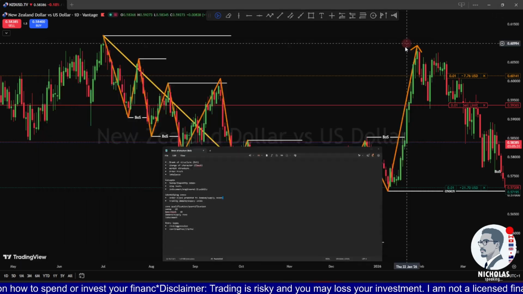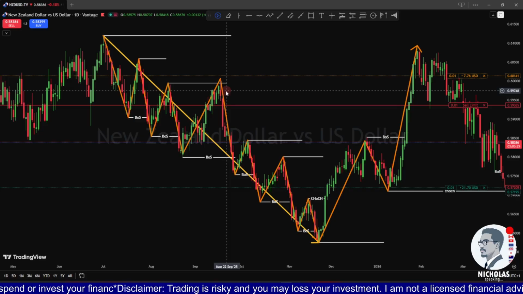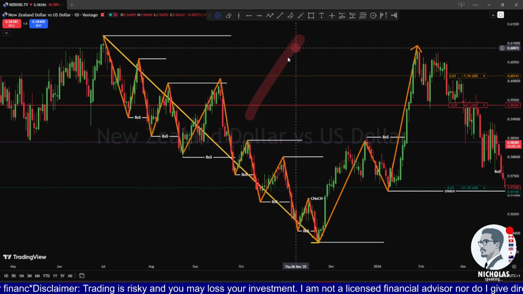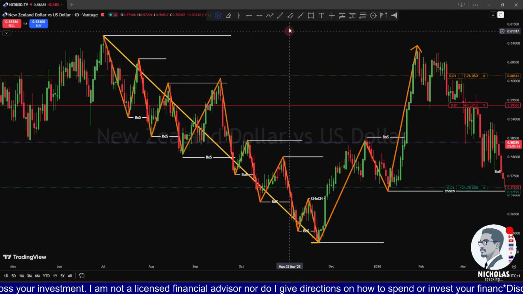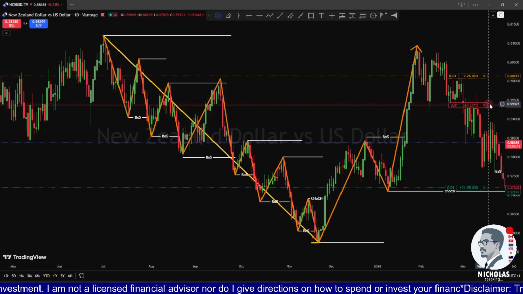But order blocks, what are order blocks? So when you see price movements, before price makes a rapid move in one direction, it always leaves behind a small candle behind it. That candle is called an order block, not the same candle.